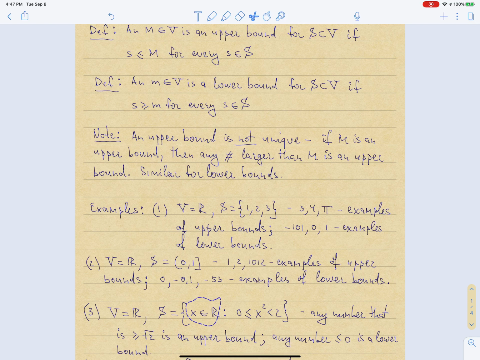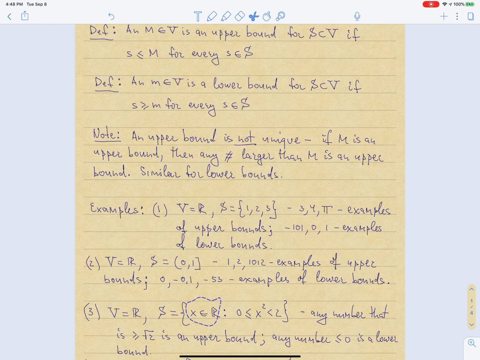If x squared is between 0 and 2, then x is between 0 and square root of 2. It is greater or equal than 0 and strictly less than square root of 2. So that's again an example of a half-open interval, except that the right-hand point, which is square root of 2, is not included.